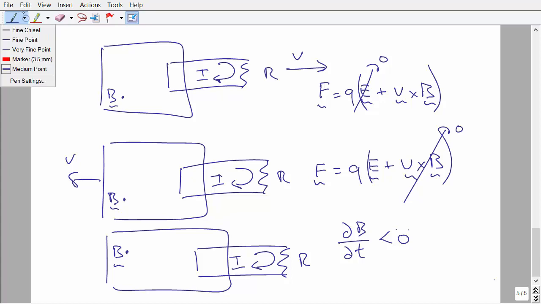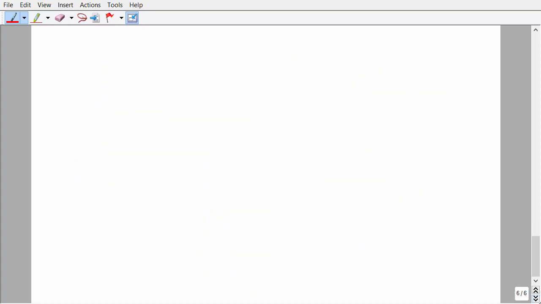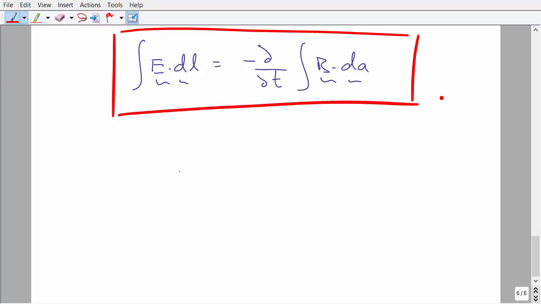The current flowing in the wire is proportional to the integral of E dot dl around that closed loop, and furthermore the current is observed to be proportional to the negative time derivative of the magnetic flux threading the loop. Let's write that down as a mathematical law. This would be consistent with the observations we make in those three experiments, and this is the key new piece of information that we're going to include.